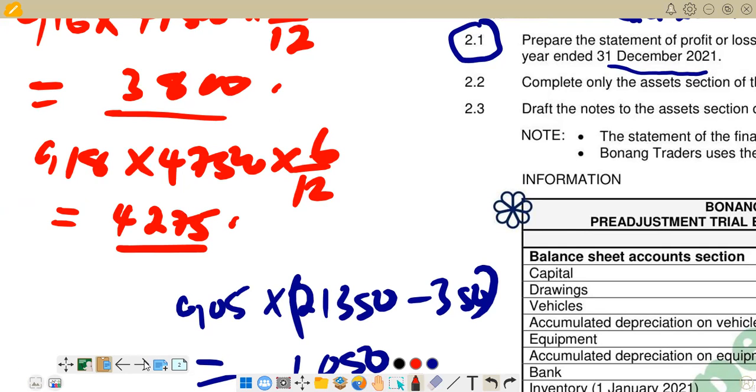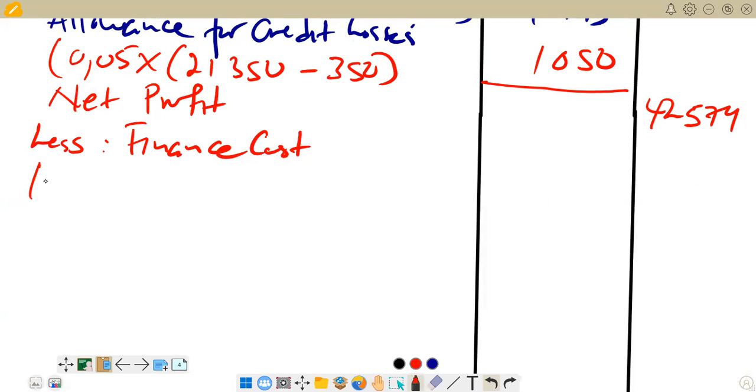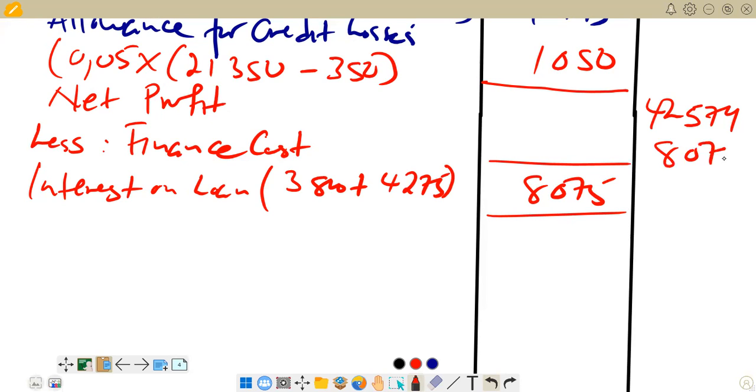So you can just go in and summarize that one on the answer section. We are now on interest on loan. So we are just going to summarize: 3,800 plus 4,275, and we are going to get 8,075. And this is the only finance cost that we have. And then we are just going to put the total here, 8,075.